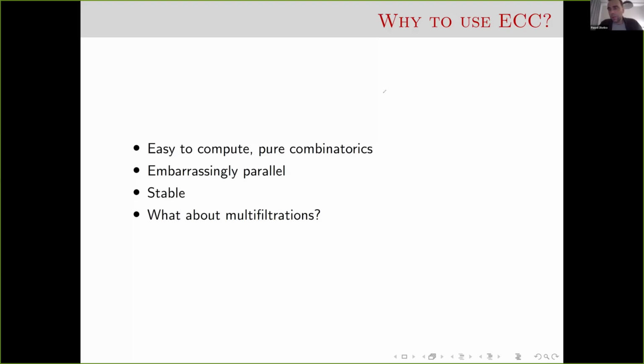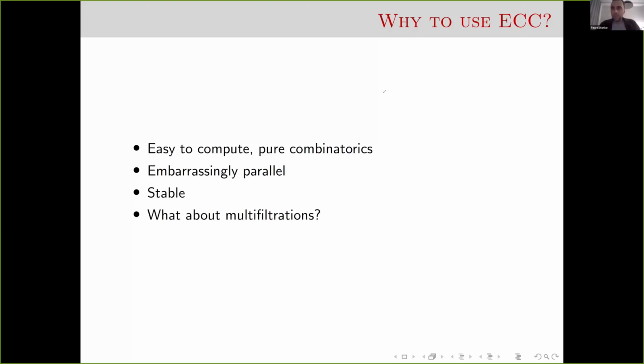So Davide did a prototype implementation, and we were easily able to get like 2 orders of magnitude above what persistent homology can do. And under some nice uniformity assumptions, essentially the sky is the limit, because again, this thing is embarrassingly parallel. It's stable, but there is also one more good news about the multifiltrations.